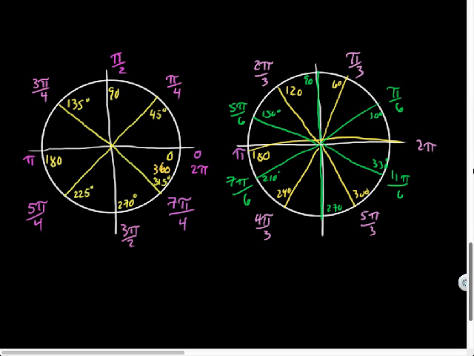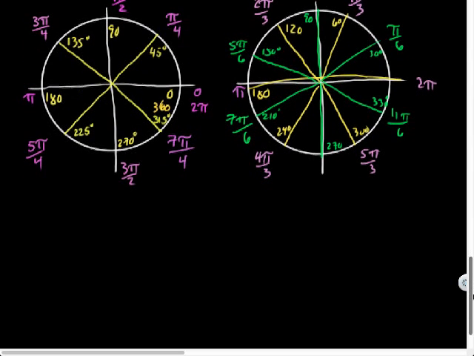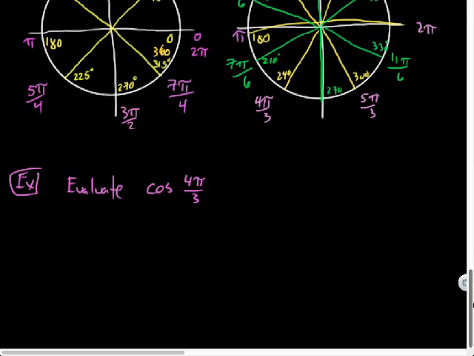So let me ask you to do a question with this. Now this is going to be a bit of a stretch here, but let's evaluate cosine of 4 pi over 3. Cosine of 4 pi over 3.